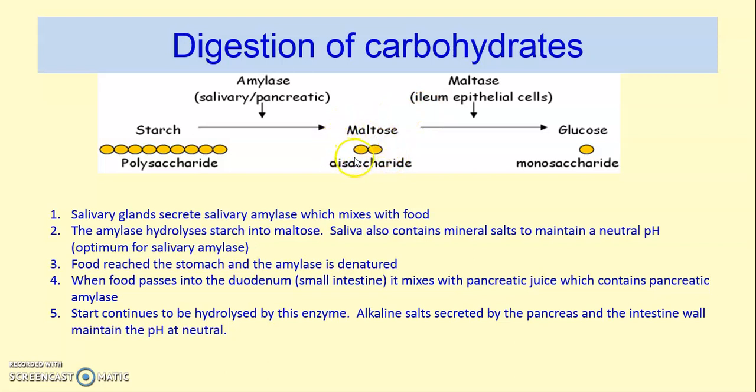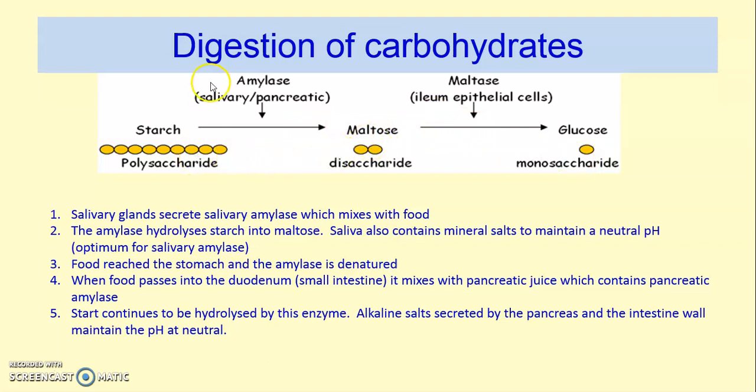So starch, for example, gets broken down to a disaccharide first, and then you use membrane-bound disaccharidases, and they're called maltase incidentally, because of course the disaccharide will be maltose, to produce glucose at the end. This is all biological molecule stuff. Okay? This is all linking back to that first topic.